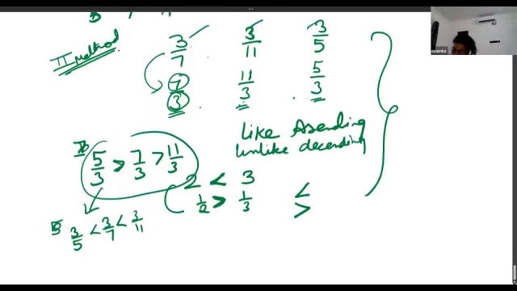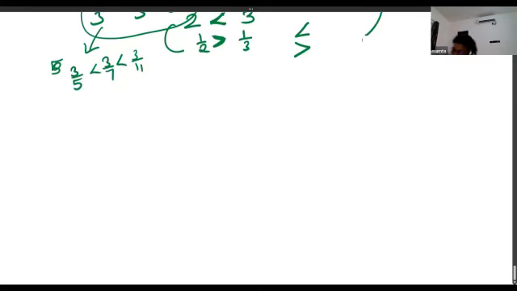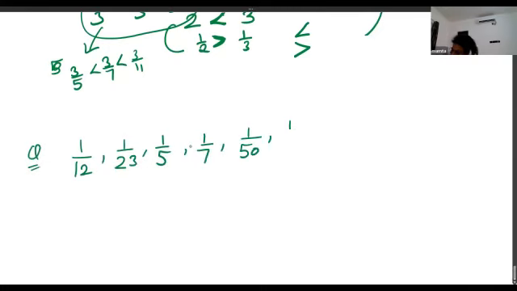Now see, children. Arrange them in ascending and descending both order: 1 by 12, 1 by 23, 1 by 5, 1 by 7, 1 by 50, 1 by 9, 1 by 17. Ma'am, should we write in chat? Yes.